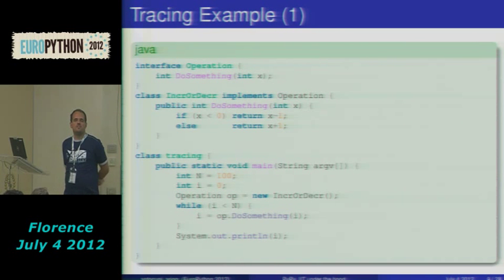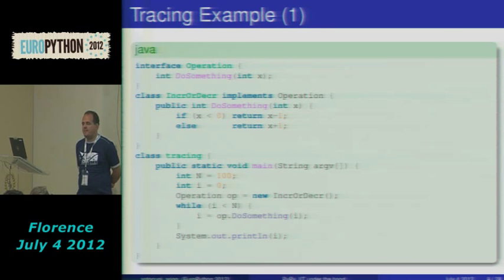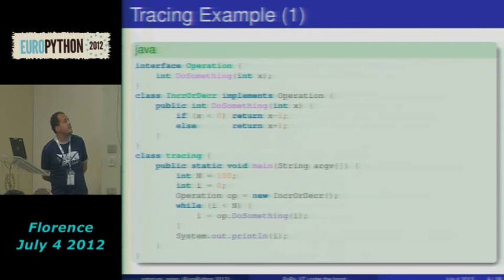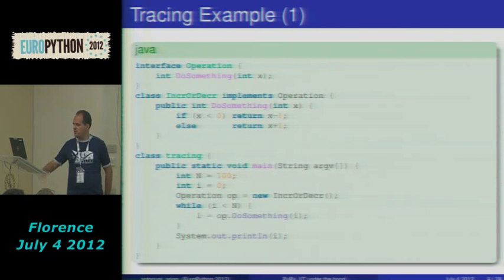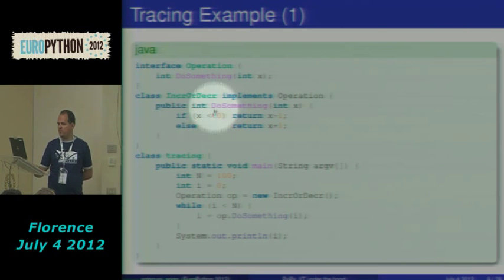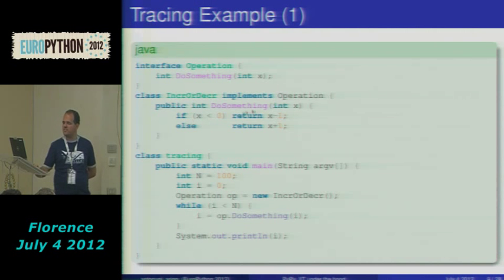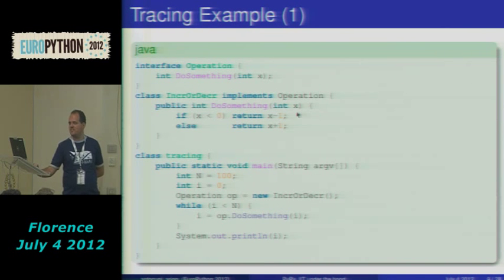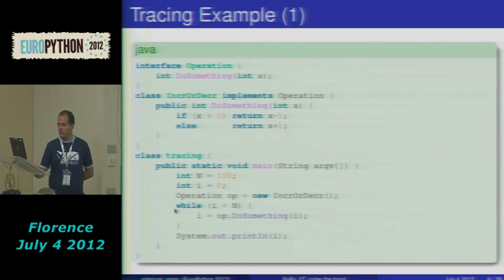So I just use Java, but the idea is the same. Here we have a very easy, standard Java program in which we have an interface and a class which implements this interface. Its method doesn't really do anything interesting: if the parameter is less than 0, it returns x minus 1, else x plus 1. And then we have a loop.